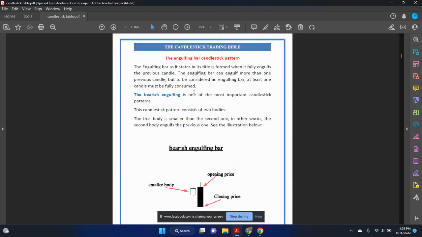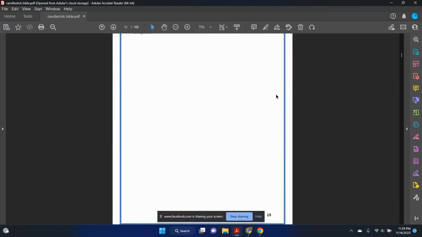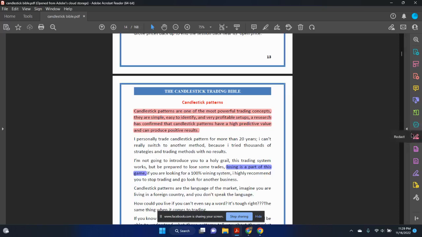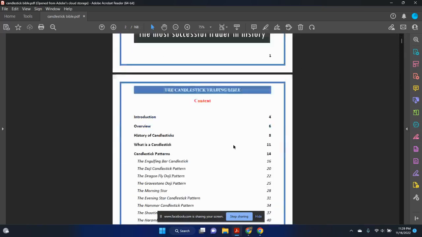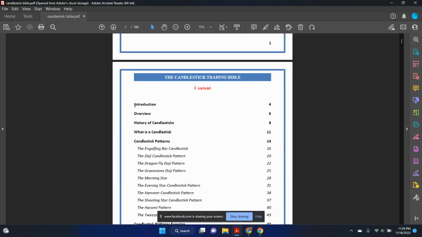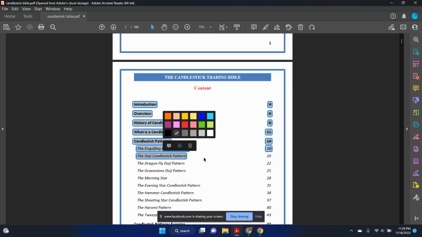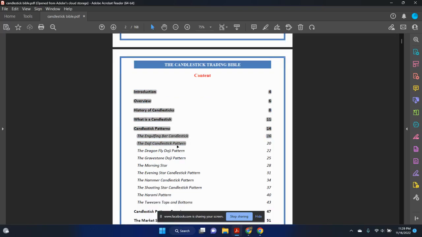Alright, and that's when the engulfing counters come into play. So let's go back to our notes. We have now gone over the introduction, the overview, the history of candlesticks, what a candlestick is, and we have talked about the engulfing bar candlesticks and the Doji candlestick patterns.